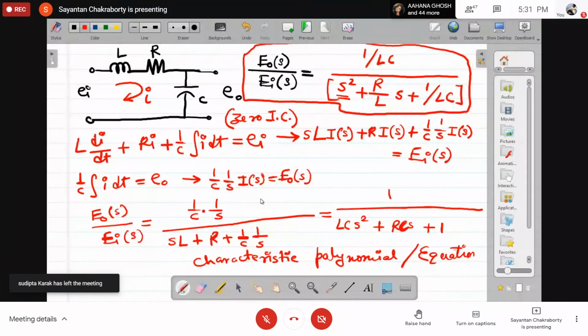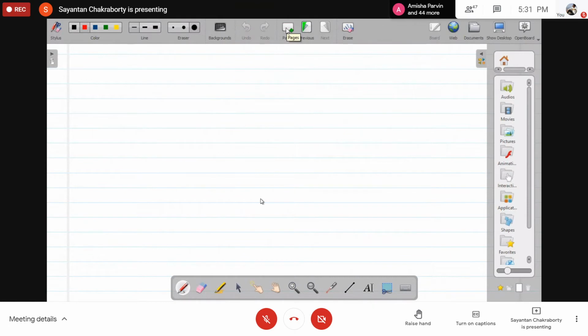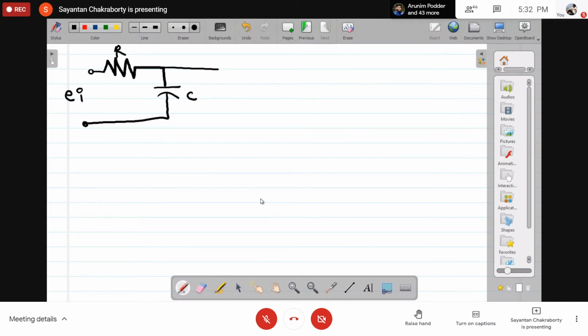Now, next I'll give you another method of determining the transfer function. Let me first give an example. This is a very basic system. Now, if I give you a simple RC circuit, suppose this is your R, this is your C. Say this is your Ei, and you have this E0 dash.